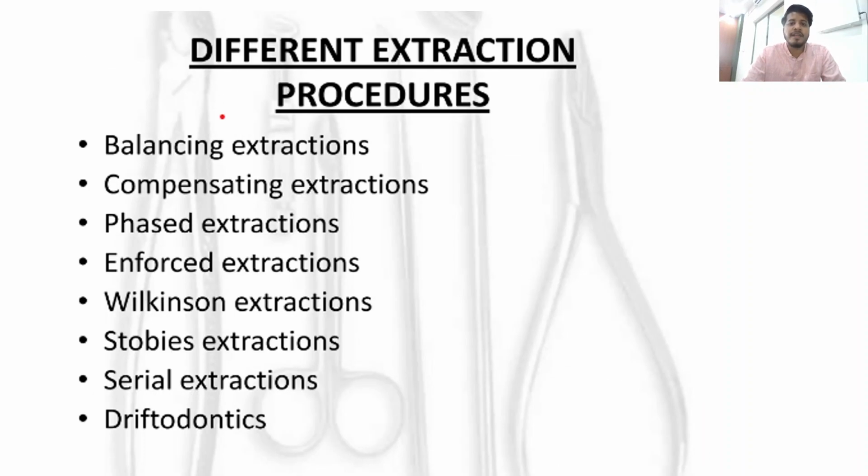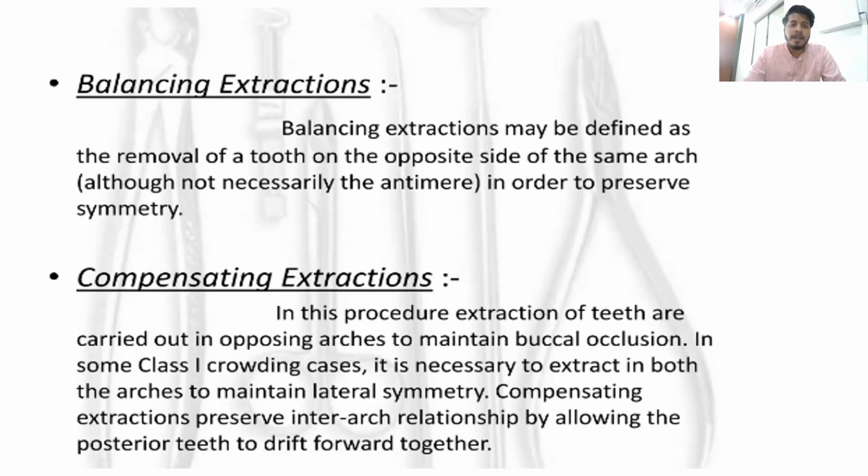Coming to the different extraction procedures, you have balancing extractions, compensating extractions, phased extractions, enforced extractions, Wilkinson's extractions, Tobey's extractions, serial extractions, and driftodontics. What are balancing extractions? Balancing extractions may be defined as the removal of a tooth on the opposite side of the same arch in order to preserve symmetry.